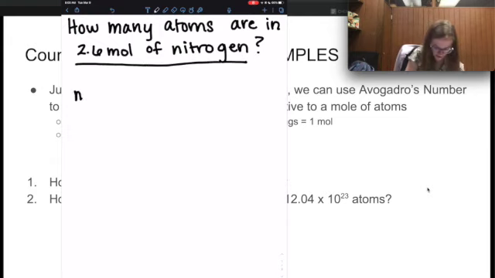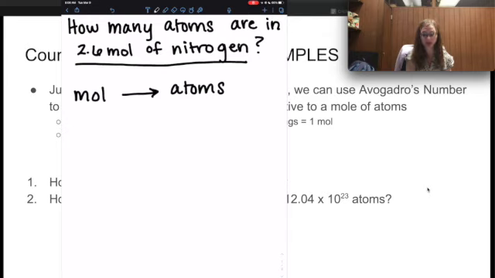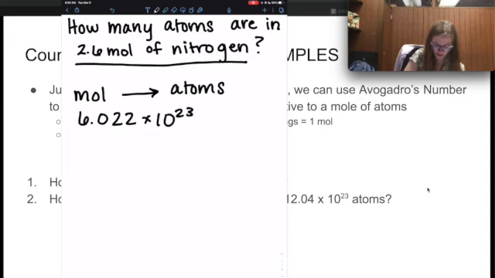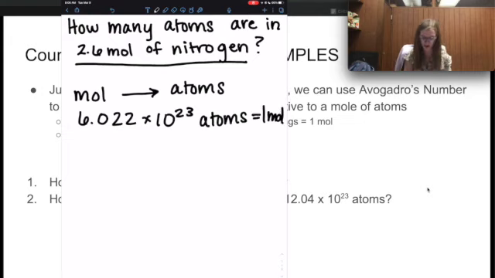So I'm trying to go from moles to atoms. Well, I do have a number that relates moles to any number of individual things, which is Avogadro's number, 6.022 times 10 to the 23rd atoms equals 1 mole.